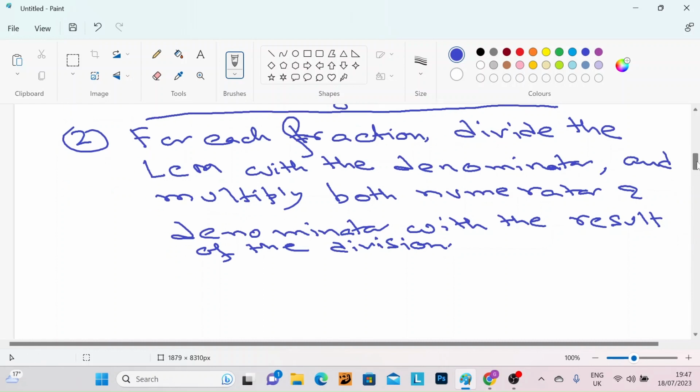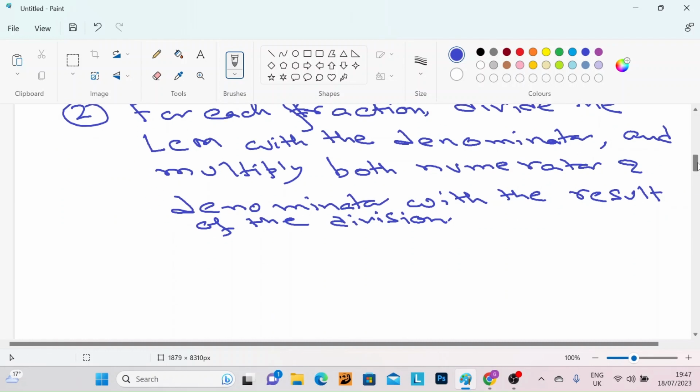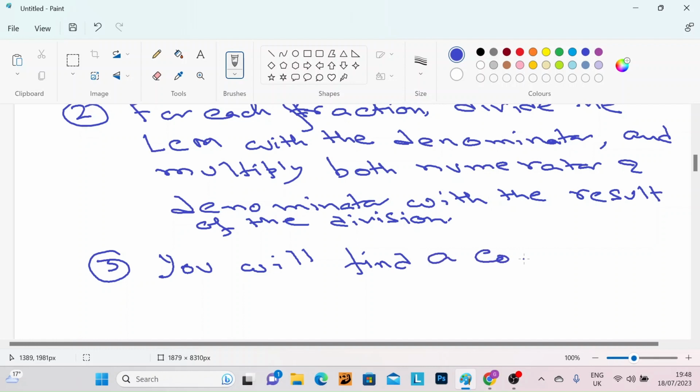Number 3, by doing so, you will find a common denominator for all fractions.